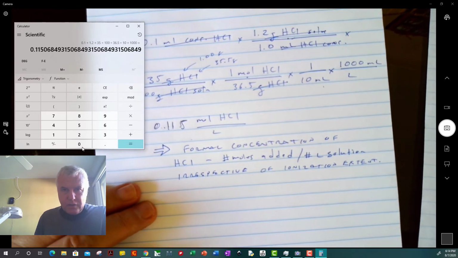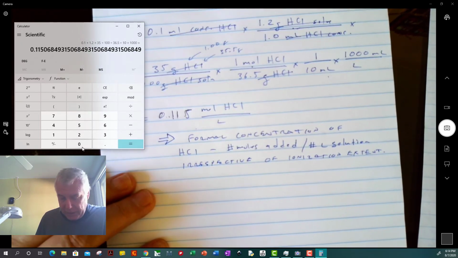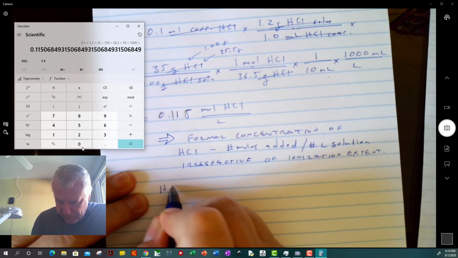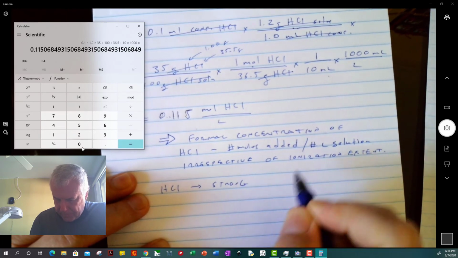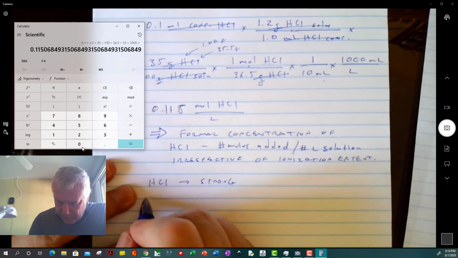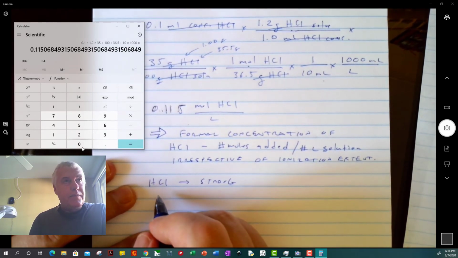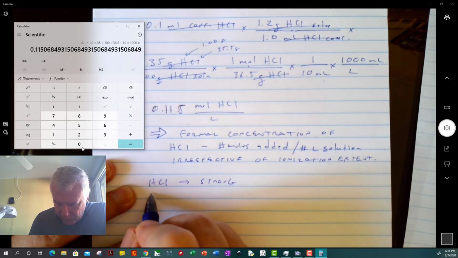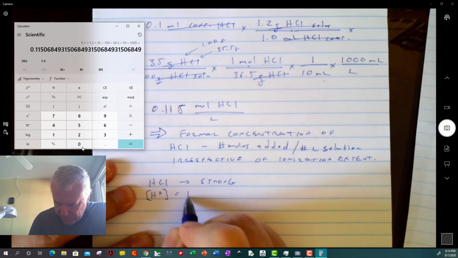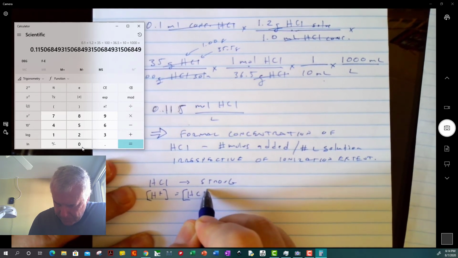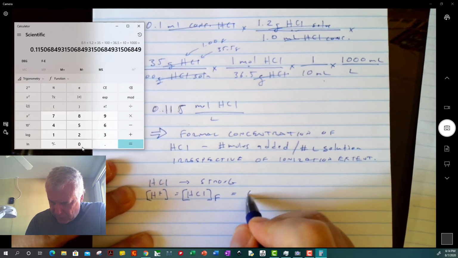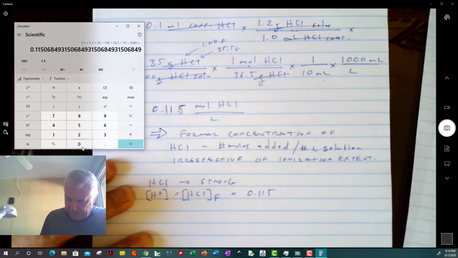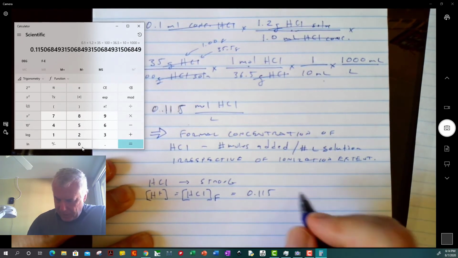Now, the easy part is that since HCl is strong, then we know that the formal concentration is equal to the H+ ion concentration. So that is 0.115, and that's molar.